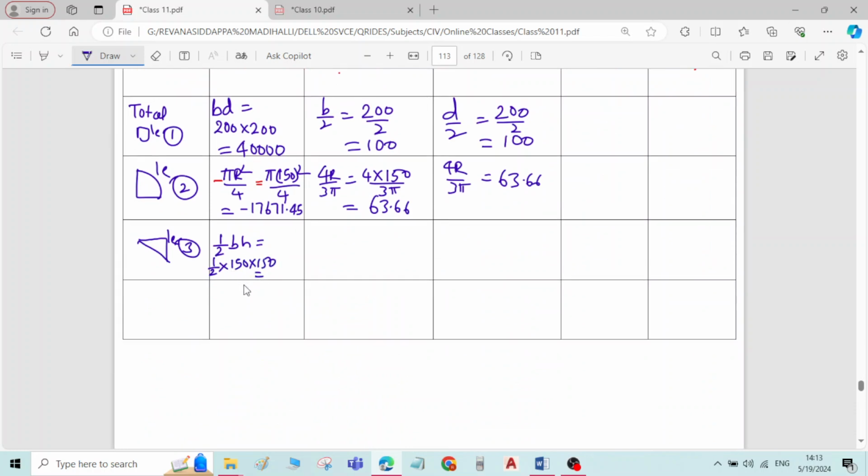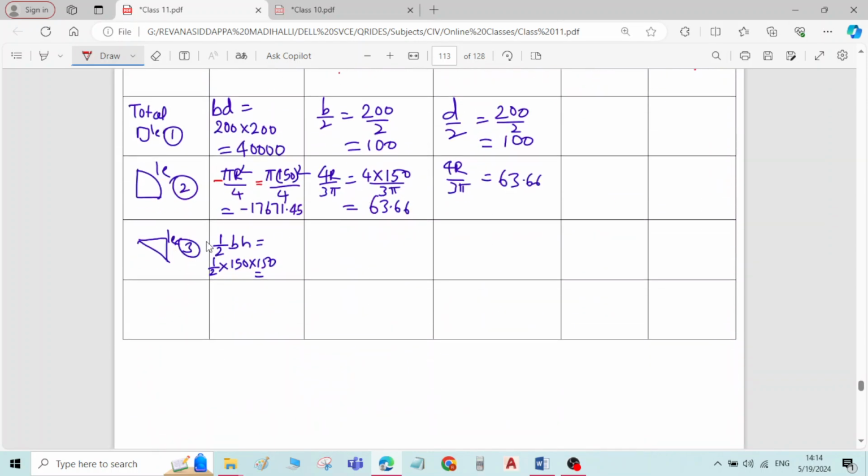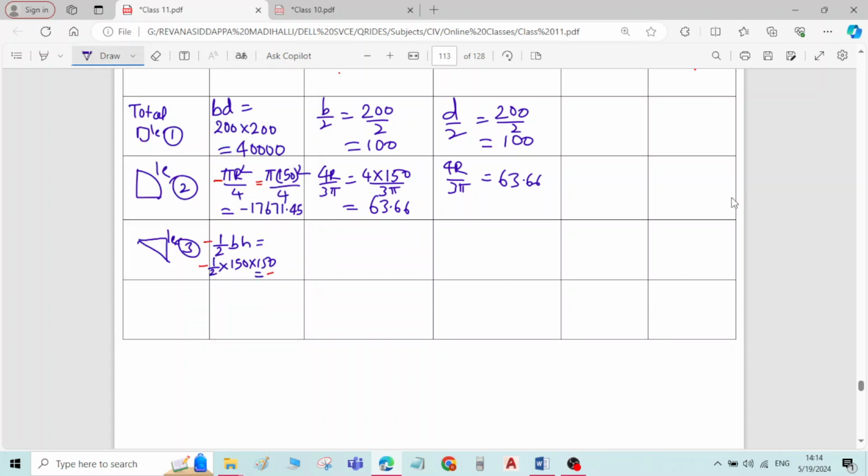The answer is 11,250 with a negative sign. We have to deduct the area of the right angle triangle as well to get the area of the shaded portion. So it is minus 11,250. Don't forget to take the negative sign here.